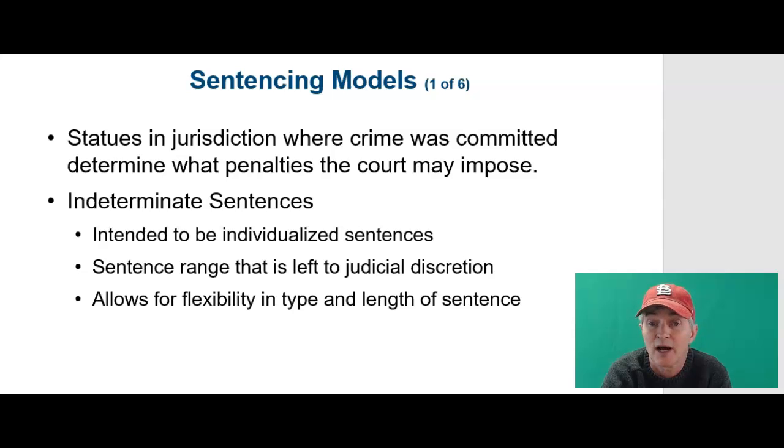The three strikes you're out rule, of course, ultimately took the judge's discretion away from the reality of that third strike, even though that third strike might have been something that really didn't warrant the type of punishment that came about because of the three strikes and you're out rule.